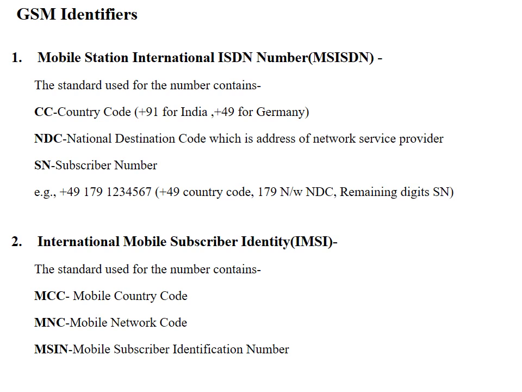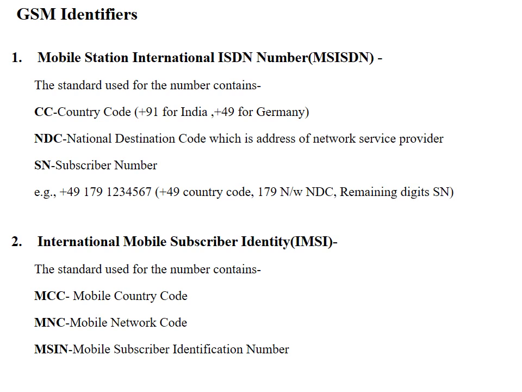For example, here the example is plus 49 179 1 2 3 4 5 6 7. In this number, plus 49 is the country code, 179 is the network NDC, and the remaining digits 1 to 7 are the subscriber number. So this is the first GSM identifier.